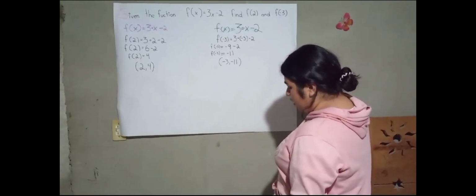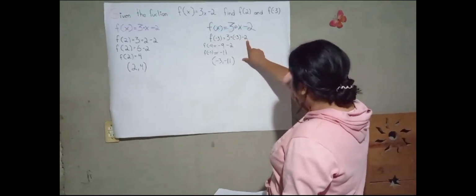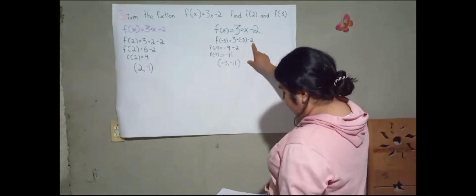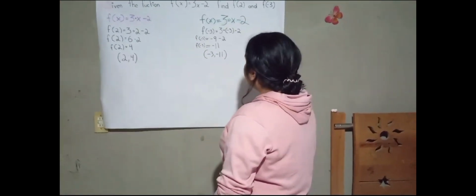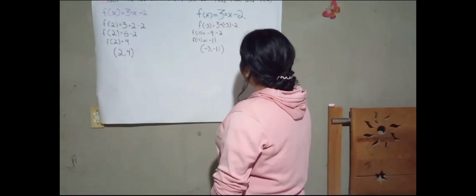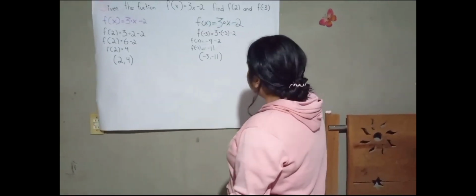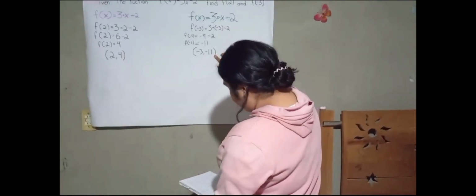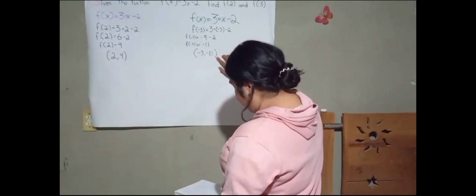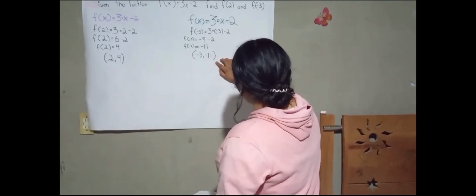We solve the operation: 3 times minus 3 gives minus 9. f of minus 3 equals minus 9 minus 2. f of minus 3 equals minus 11. One of the points through which the function passes is minus 3, minus 11.